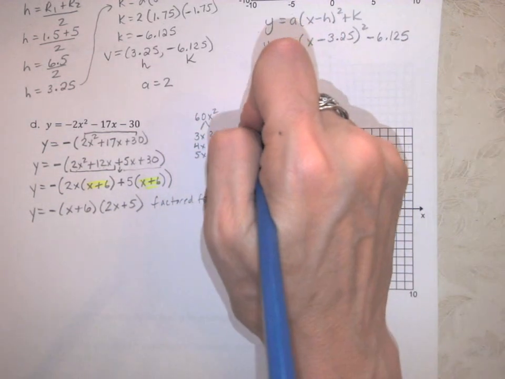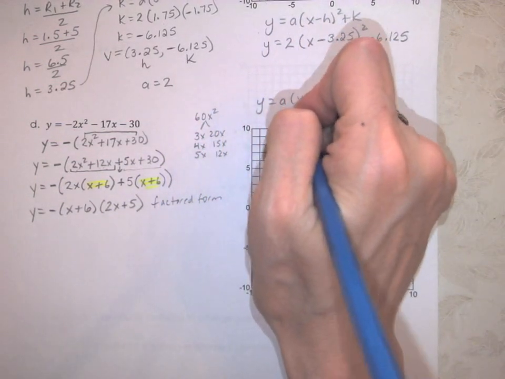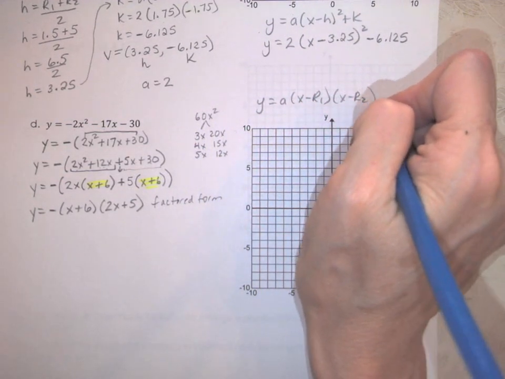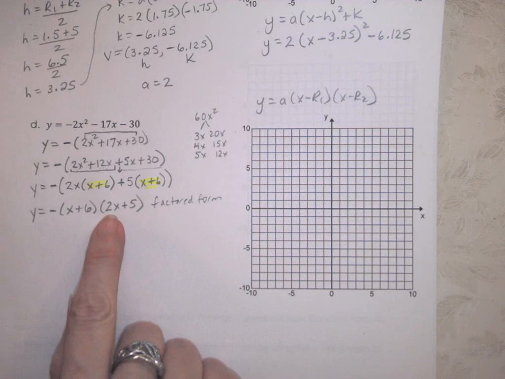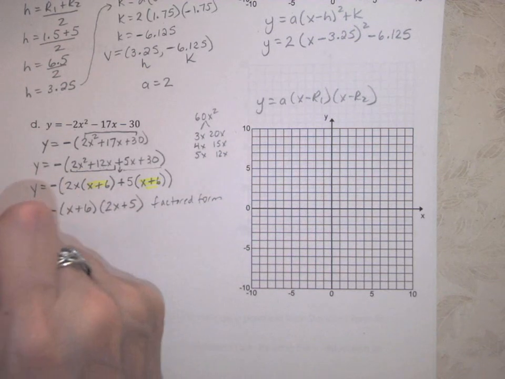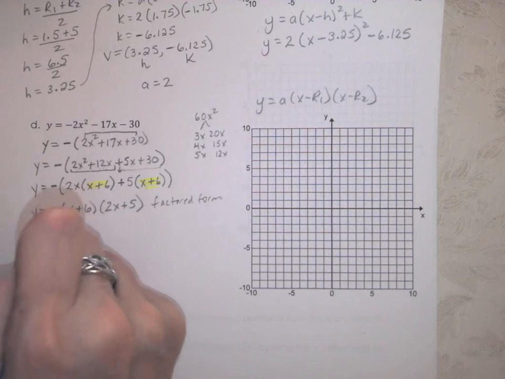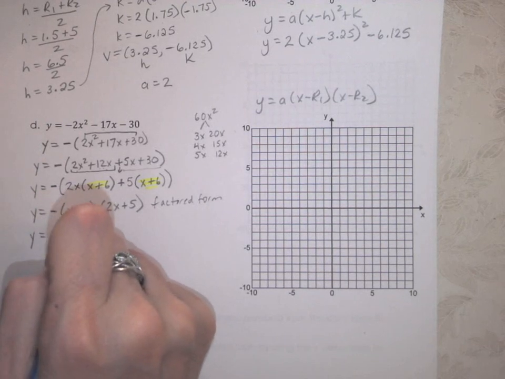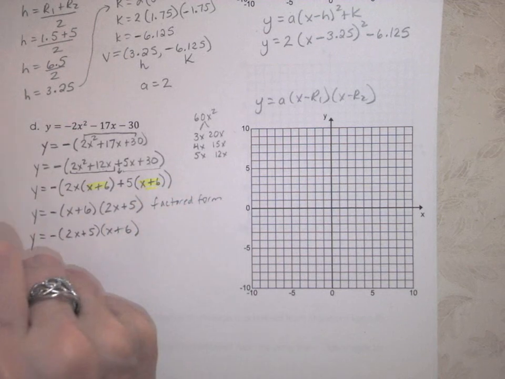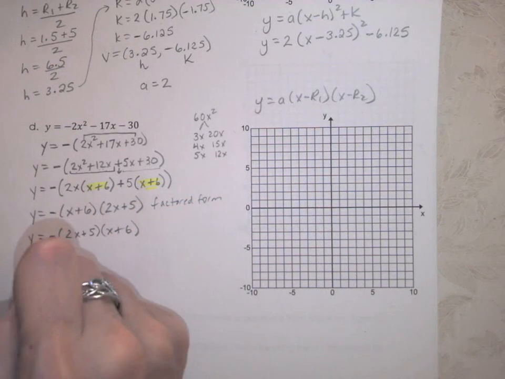But again, we're going for intercept form. So we need the a to be out front, and right now part of it's out front, the negative sign, but the 2 is still in one of the factors. So I'm going to rearrange it so that the 2x plus 5 factor comes first and the x plus 6 factor comes second. And then I'm going to force the 2 out.